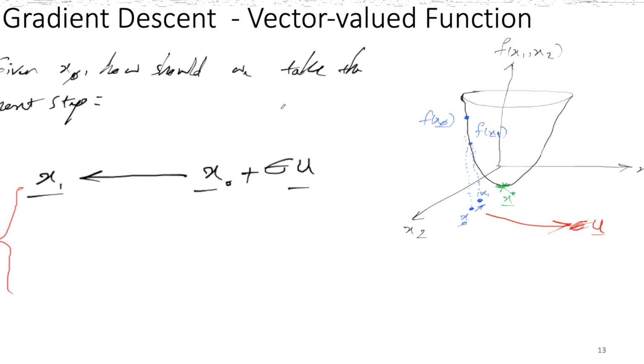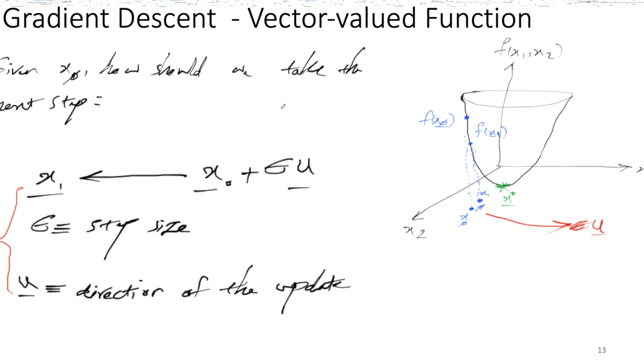We go towards x1 from x0 by epsilon u, and our vector u, our unit vector, is going to show us the direction in which we're going to go. And that's the definition of the unit vector.